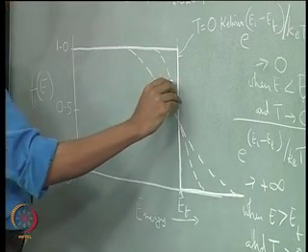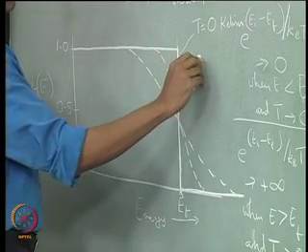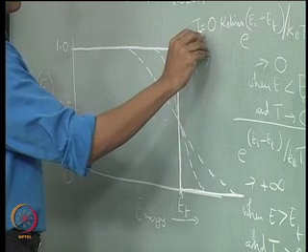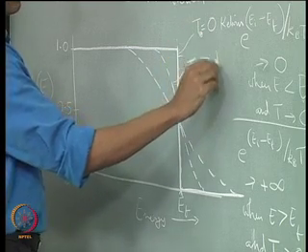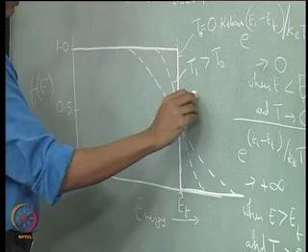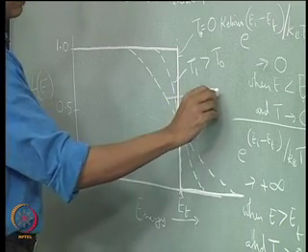Okay, so this is at some temperature T1 greater than T0, which is 0 Kelvin, and this is at some temperature T2 which is greater than T1.